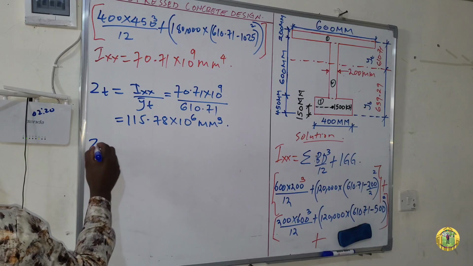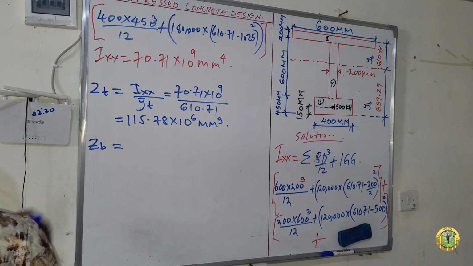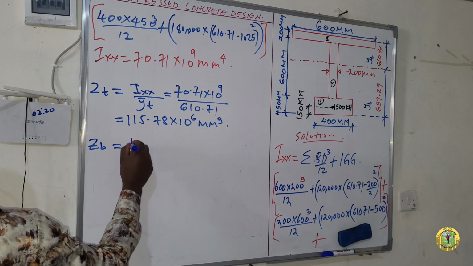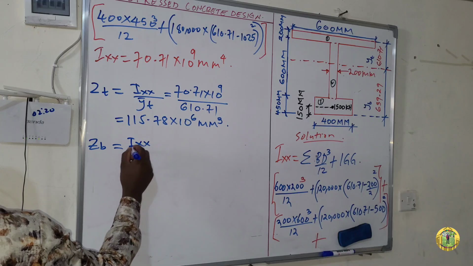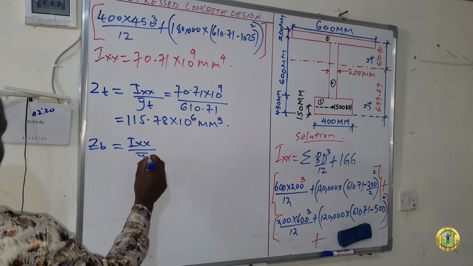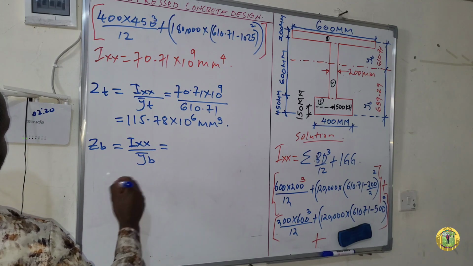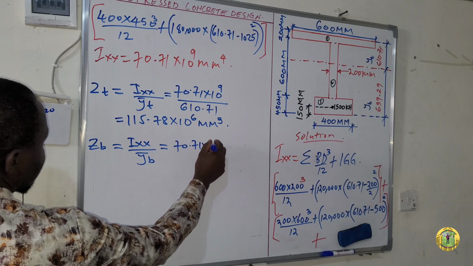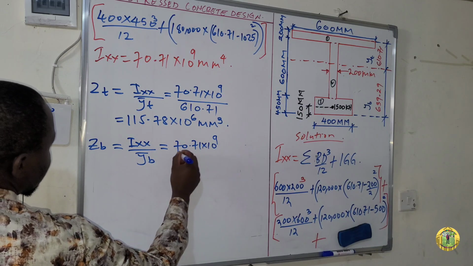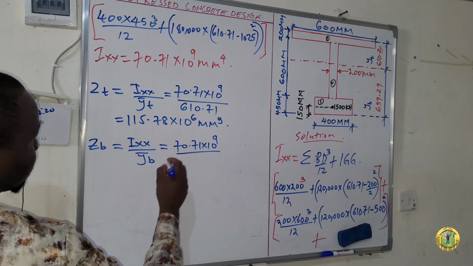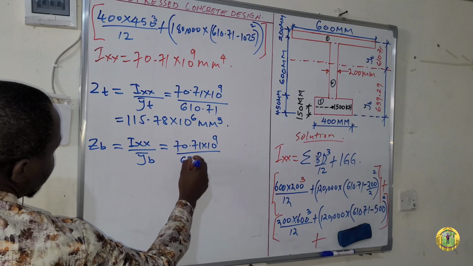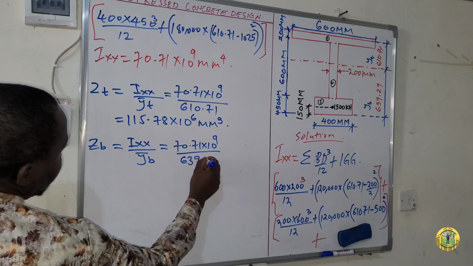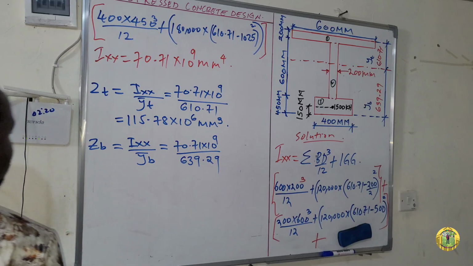We proceed to Z bottom. So Z bottom will be Ixx over y bar bottom. So this one will be 70.71 times 10 to the power of 9 divided by 639.29.